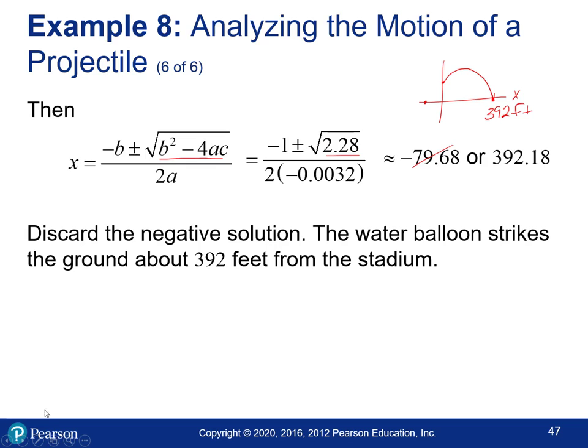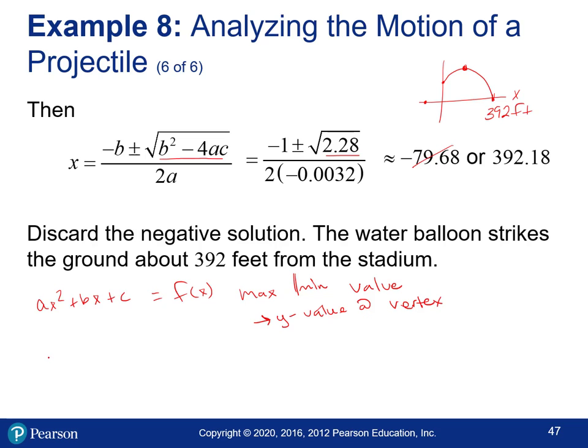Let's sum up this idea of projectile motion and our quadratic function and how it works. We have our function, and the maximum or minimum value is going to be the y value of your function at the vertex point.